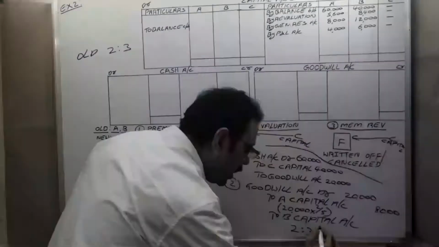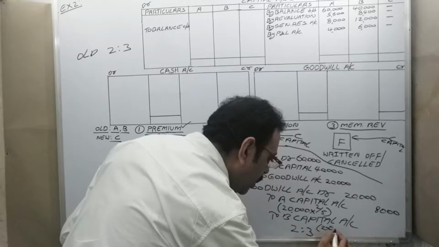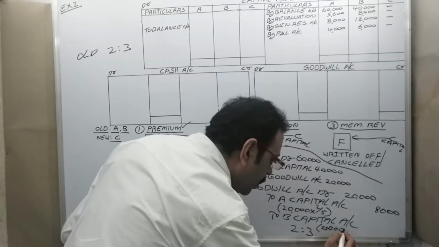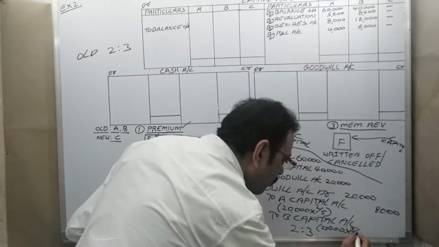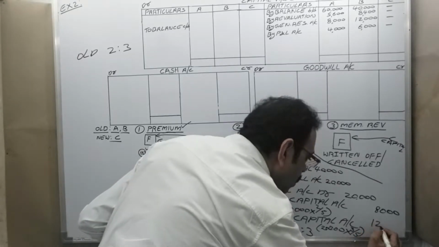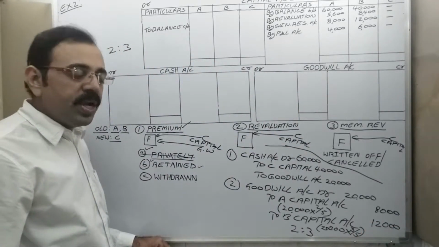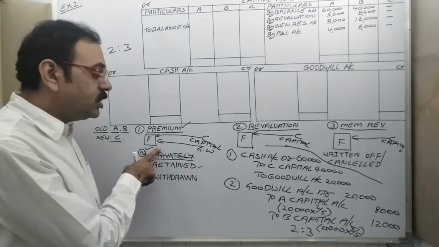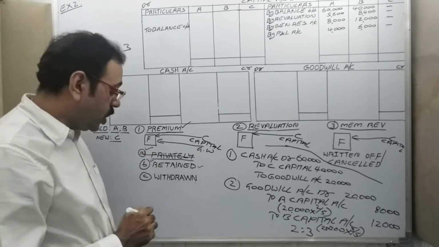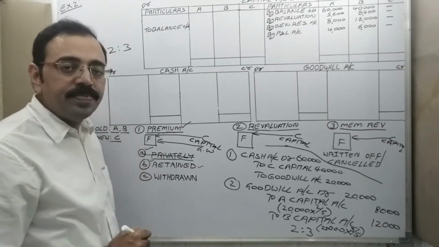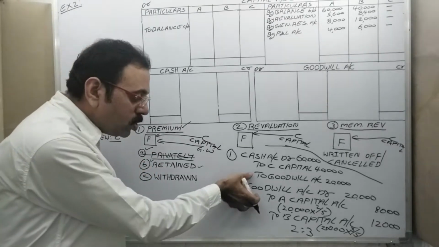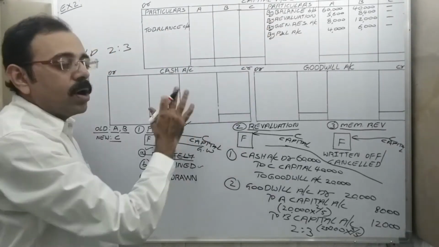And for B, what is the calculation? 20,000 goodwill into 3/5. That is 12,000 rupees. These two entries we should pass in case of premium B. Then how to post these entries in accounts?